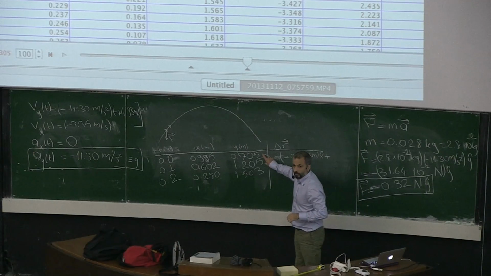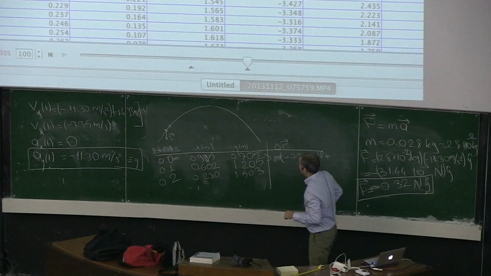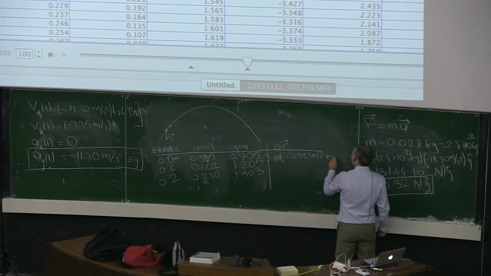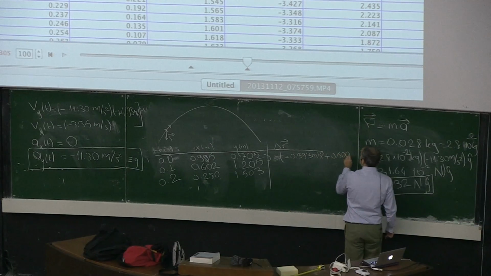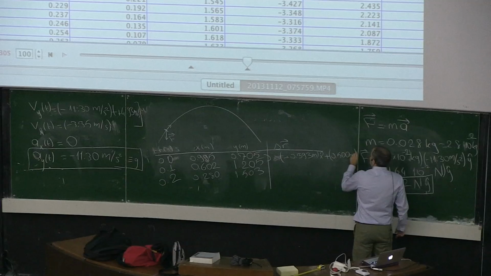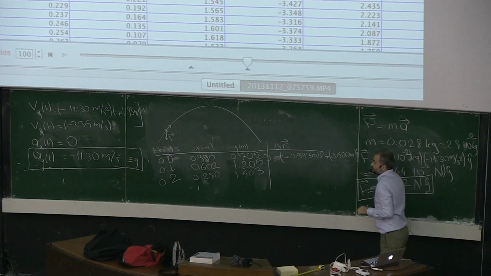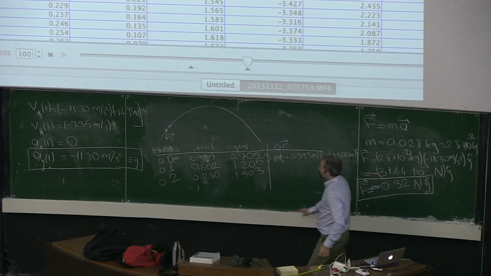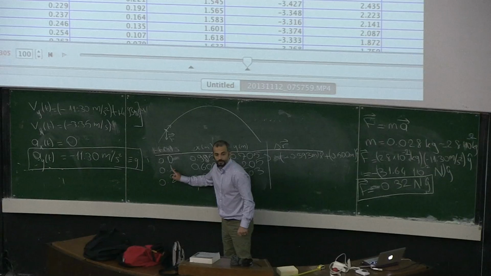The change in the y coordinate is 0.5335 meters in the y direction. This is the displacement of my object between time t equal to 0 and t equal to 0.1.